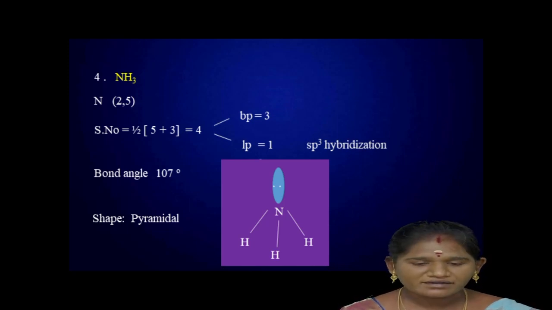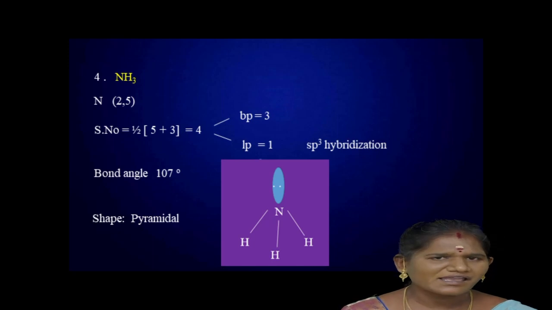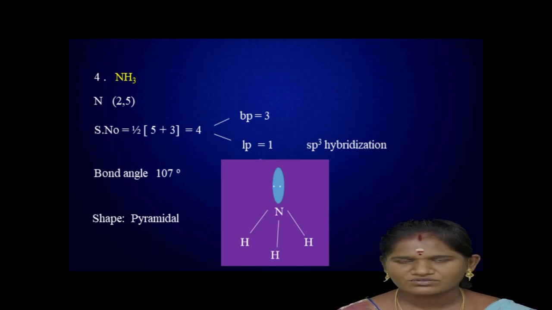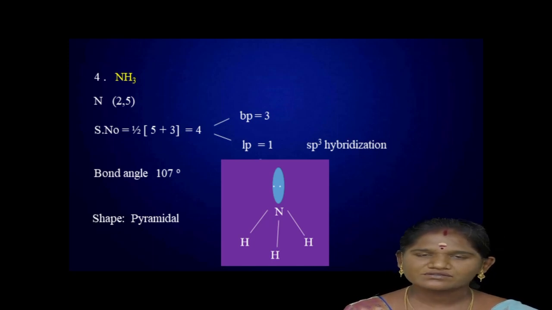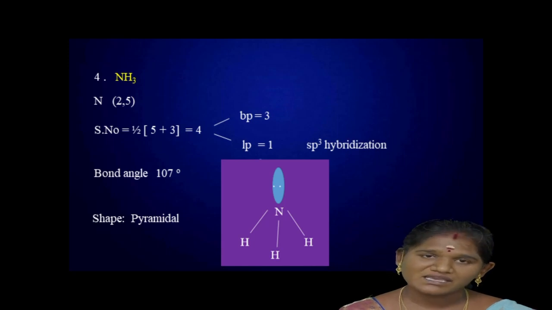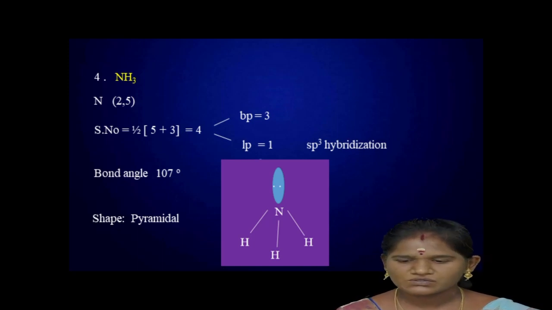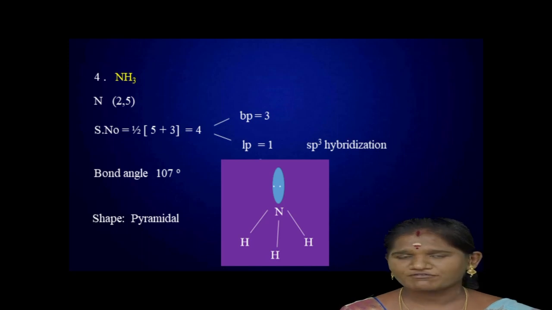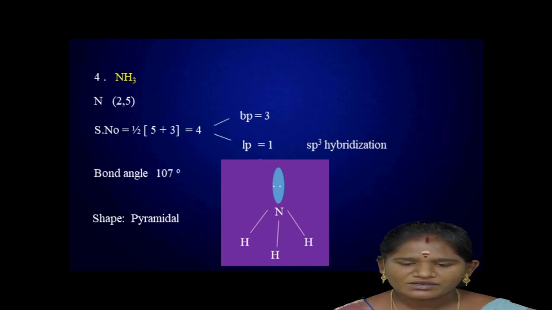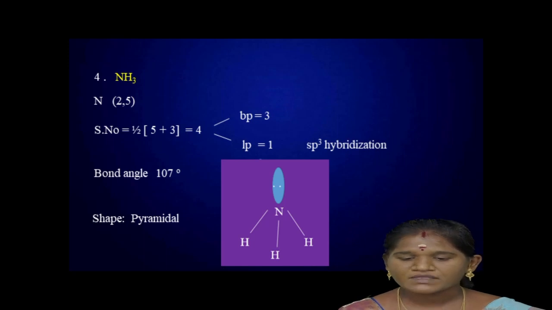But here there are only 3 hydrogen atoms, so the bonding pairs are 3 and the other will be a lone pair of electrons. So we expect this molecule to have tetrahedral geometry, but this is not so because of the lone pair of electrons. Here there is one lone pair on the nitrogen atom.